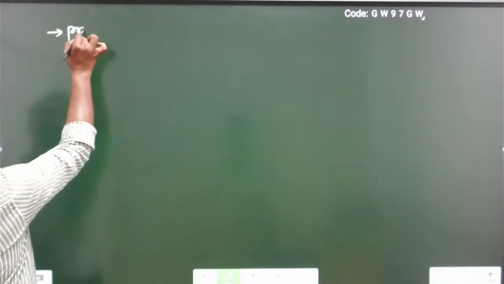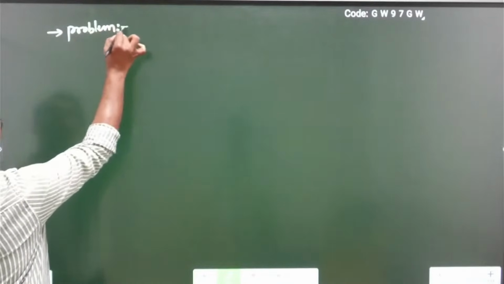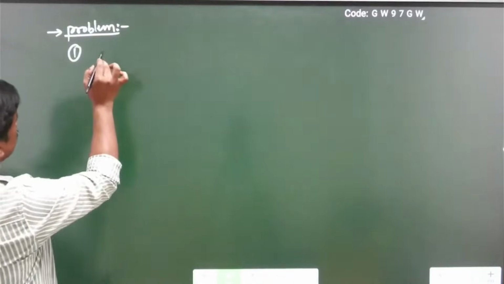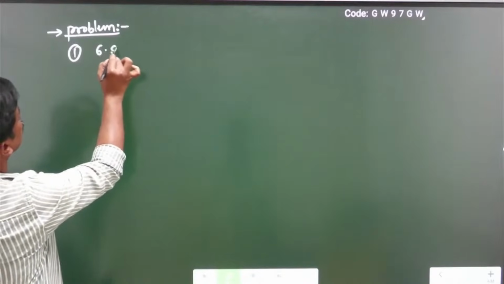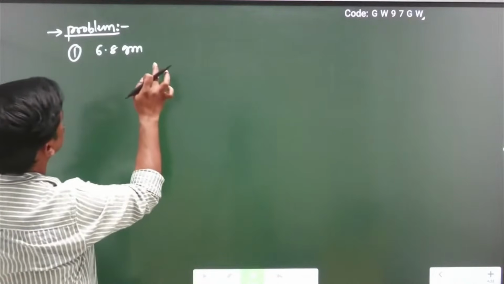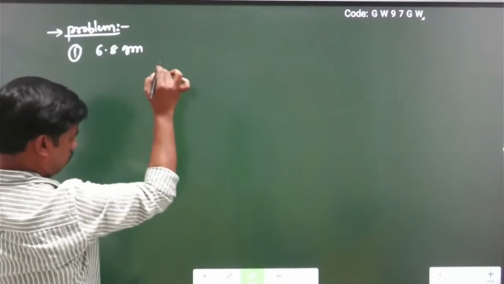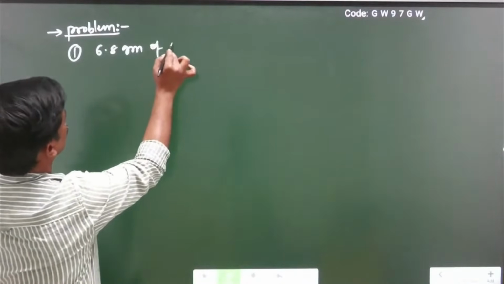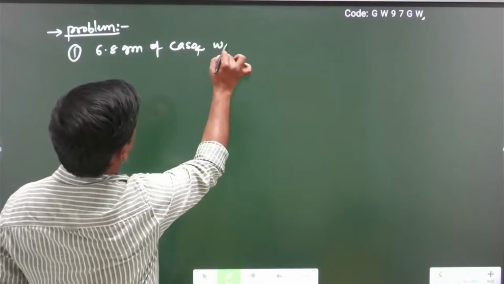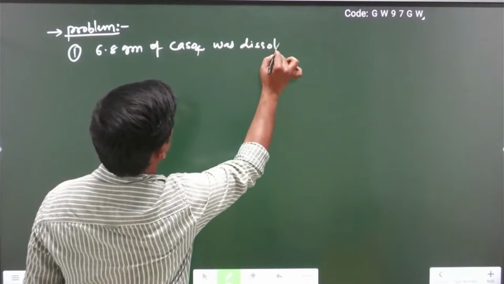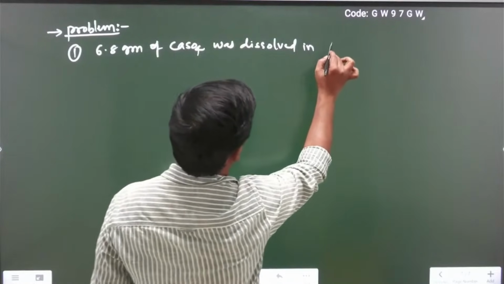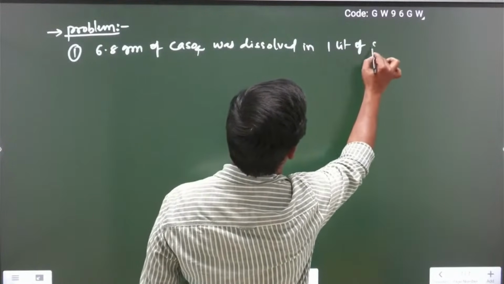I am writing the problem: 6.8 grams of calcium sulfate was dissolved in 1 liter of solution.